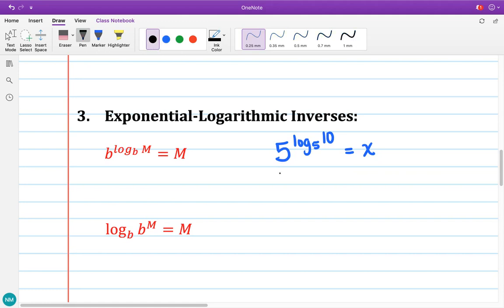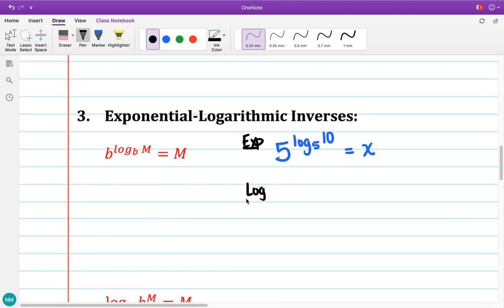So this is already in exponential form, 5 to the something equals something. So I'm going to change it to logarithmic form. Let's save the exponential form for later.